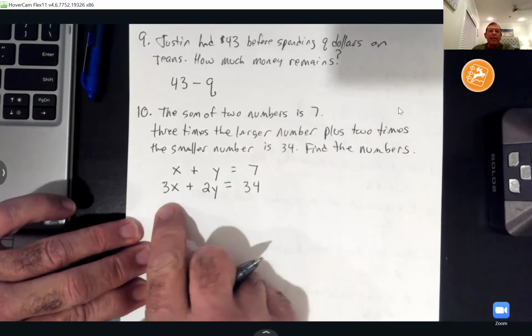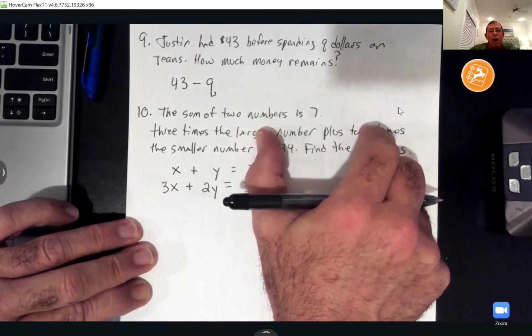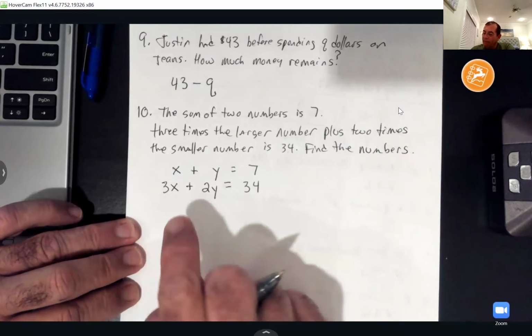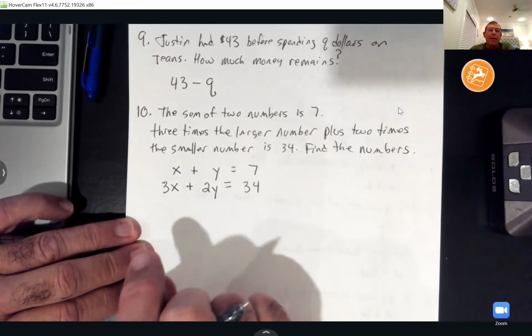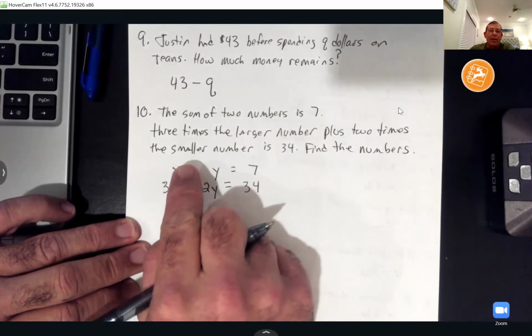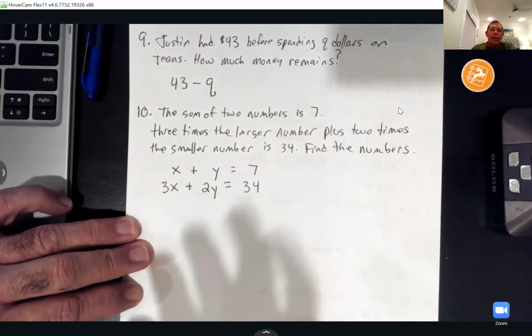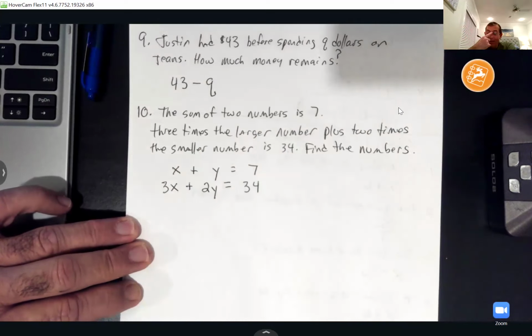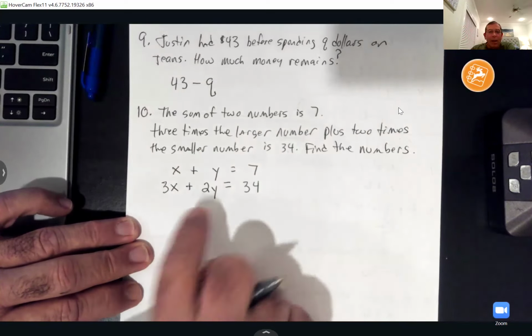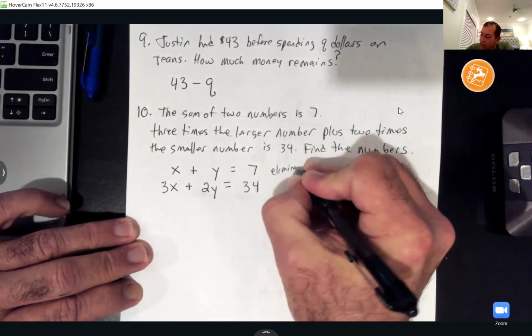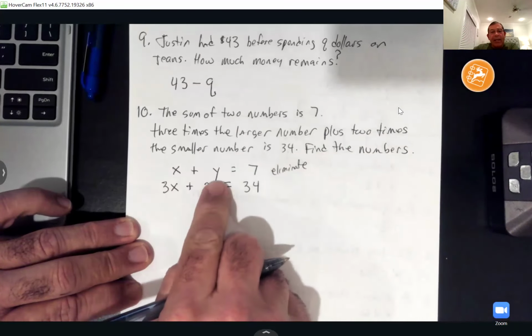So look what they did. They gave us a word problem to set up our system of equations. Now I'm gonna lie, you can plug this on the calculator, 1 1 7, 3 2 34, and it'll spit it out quick. But I'm gonna actually solve this by elimination. And I'm going to eliminate that y.